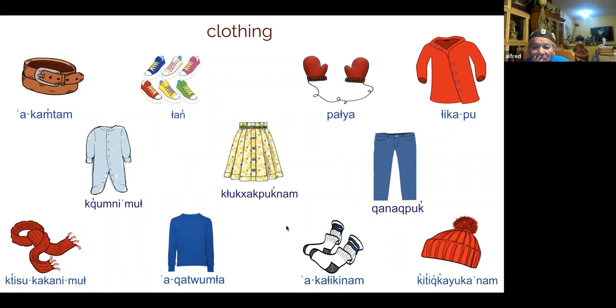I'm just trying to think of a way of having the group remember some of the easier ones.